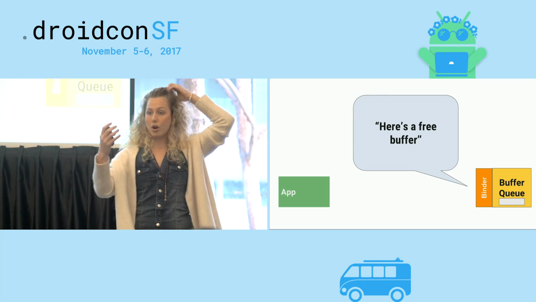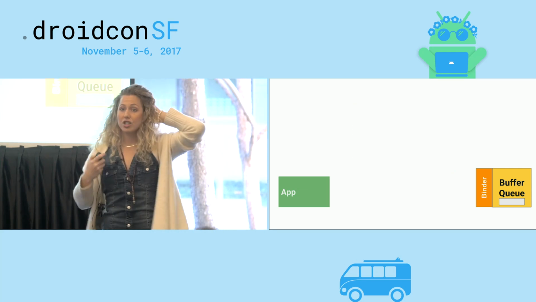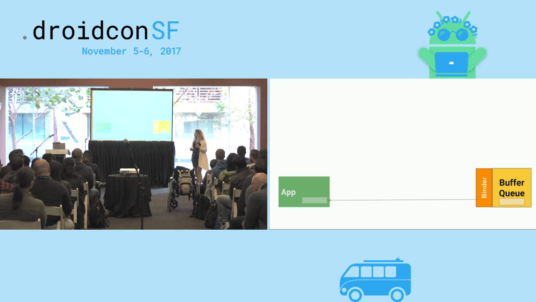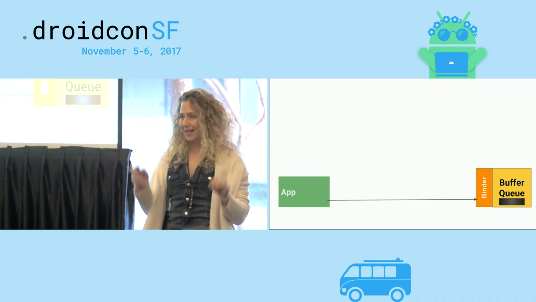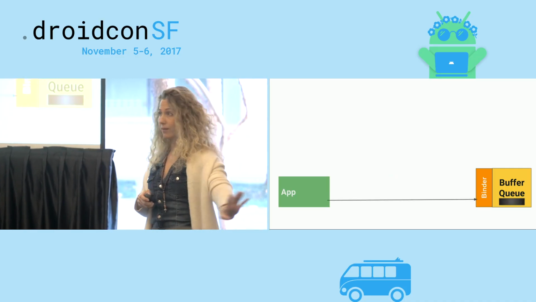So he searches for a free buffer and he just hands it to the app. And the app then can just put in all the graphic information there, color it, for example, and then just bring it back to the buffer queue with a signal that says, OK, I'm done. This is something that needs to be displayed. Take.